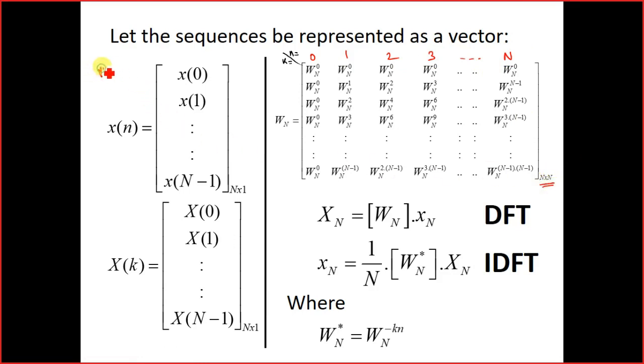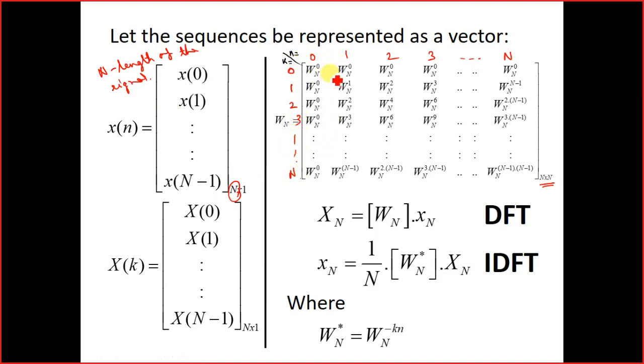What is N? N is the length of the signal. Similarly, k will vary from 0, 1, 2, 3 and so on up to N.